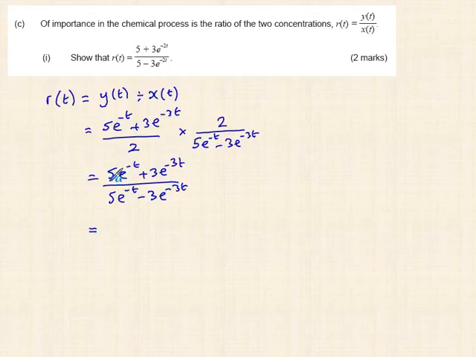Then if we multiply top and bottom by e to the t, that would give us 5 plus 3e to the negative 2t over 5 take 3e to the negative 2t, as required.